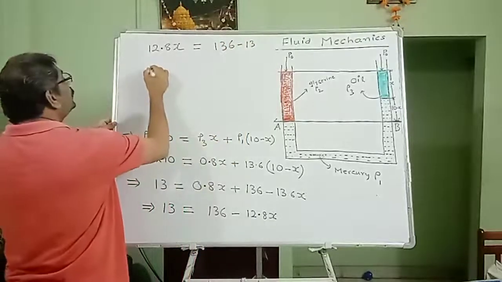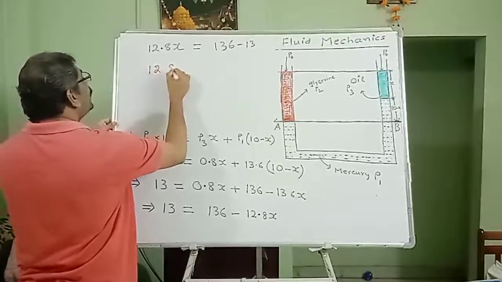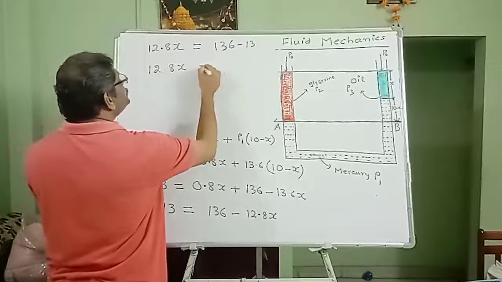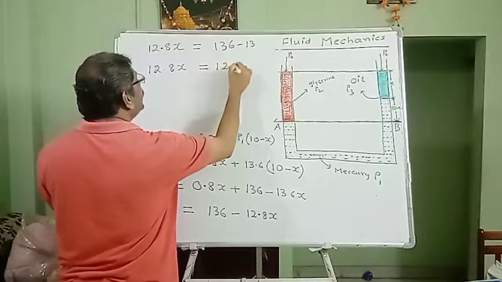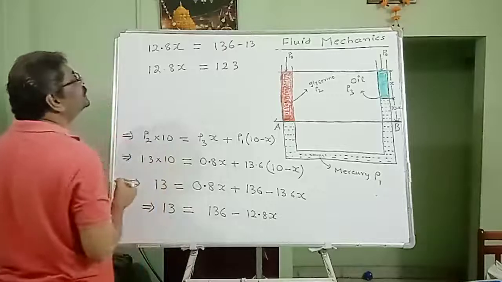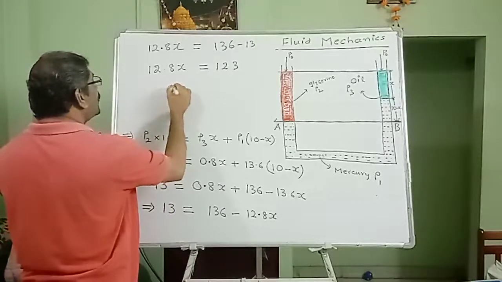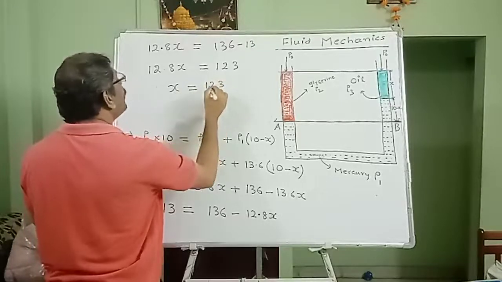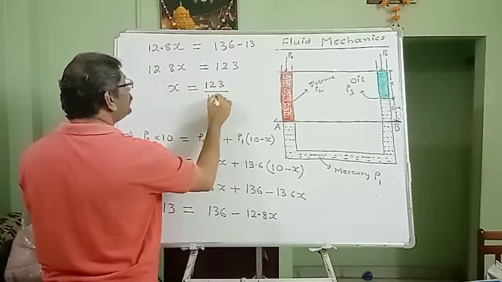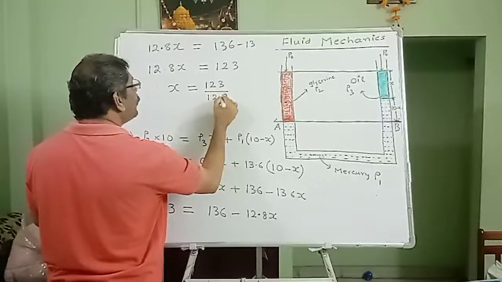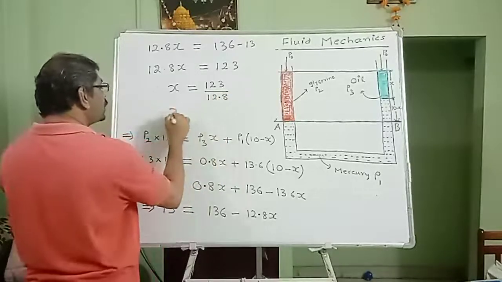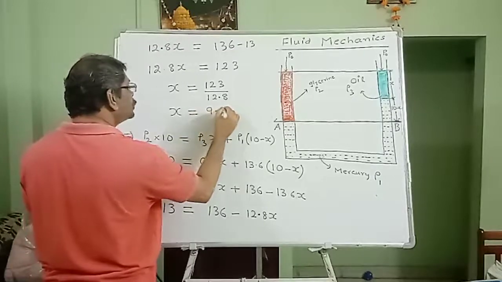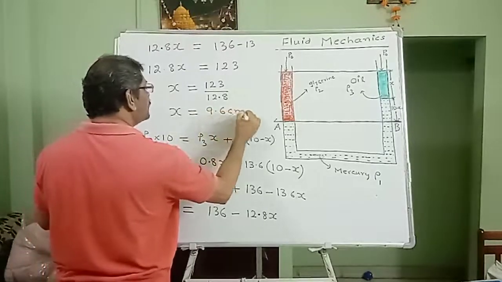So what we are going to get is 12.8 into x will be numerically equal to 123. Therefore x will be numerically equal to 123 divided by 12.8. Now this will be coming out to be approximately 9.6 centimeter.